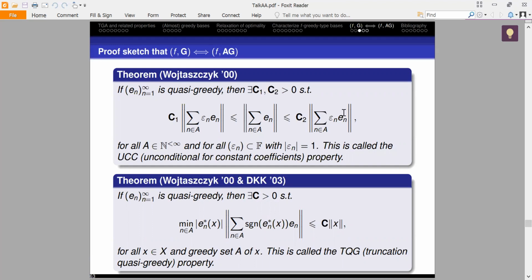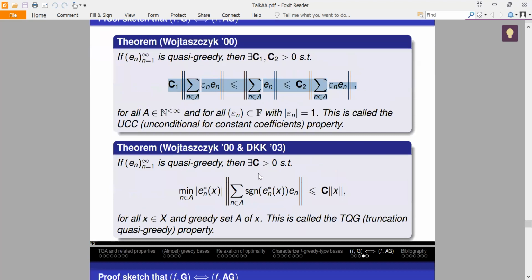What he proved was if you have a quasi-greedy basis, the norm of the indicator function is quite stable. What I mean by that is it doesn't matter how you multiply 1_A by some epsilon n, as long as epsilon n have modulus 1, then the norm doesn't change much. The norm stays very stable up to some constants C1 and C2. Okay, this is the result by Gutasik.